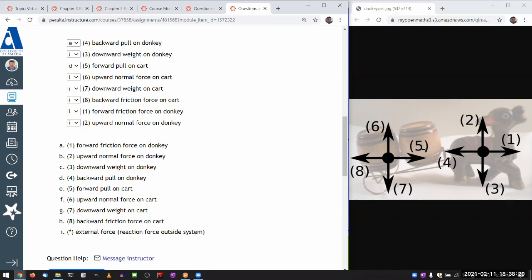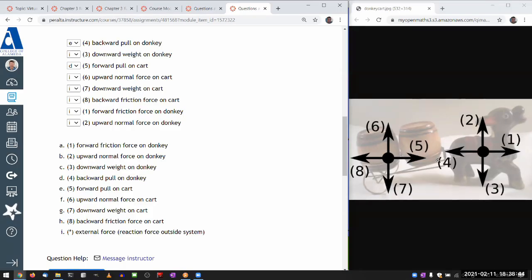And which one you label action and which one you label reaction, you can flip them around completely. You could say the donkey's pull is the action force, and as a reaction force to that, the cart is pulling backward on the donkey. I think that's probably the natural way most of us will say it. But it is perfectly correct to say this is actually the reaction force.